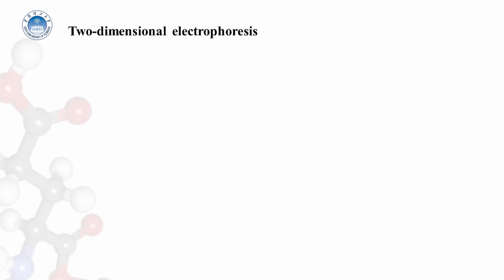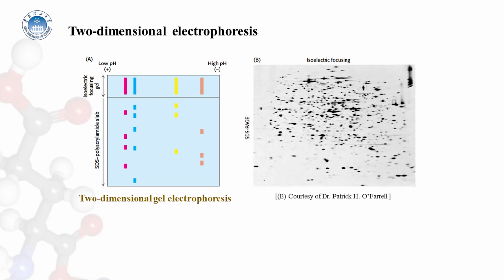Isoelectric focusing can be combined with SDS-PAGE to obtain very high resolution separation. A single sample is first subjected to isoelectric focusing. This single-lane gel is then placed horizontally on top of an SDS-PAGE slab. Proteins are thus spread across the top of the polyacrylamide gel according to how far they migrated during isoelectric focusing.